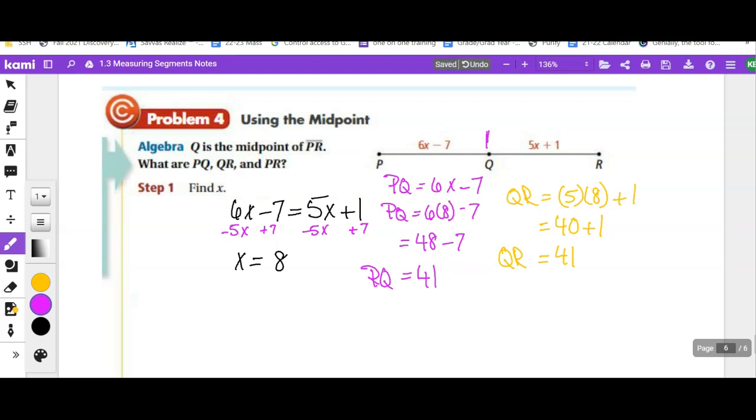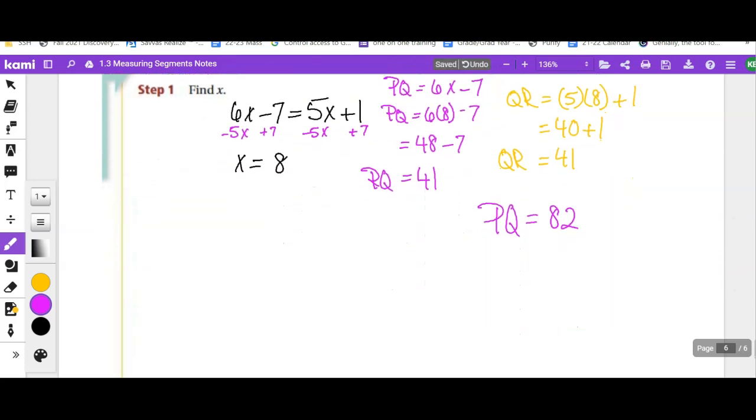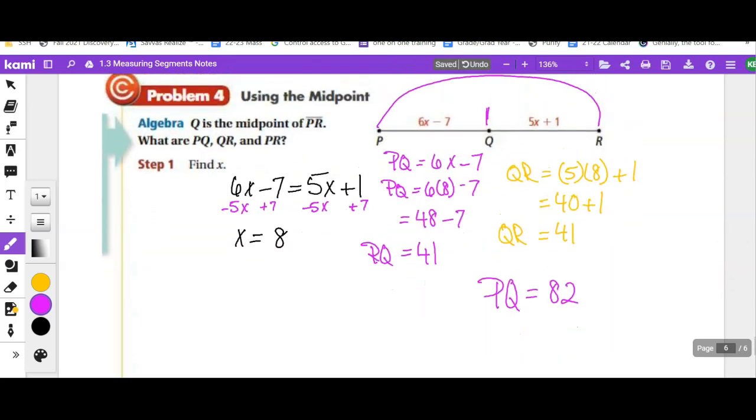So this is a good way to check. I didn't have to do all of this work if I was confident in my segment QR. Now what is PR? So PR, I just add these two together. So I get 82. And that's all there is.